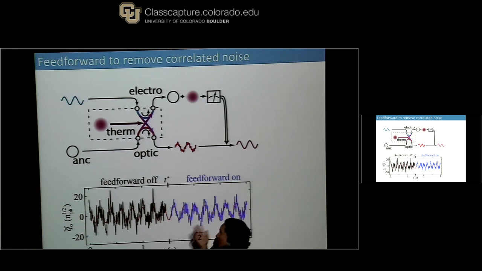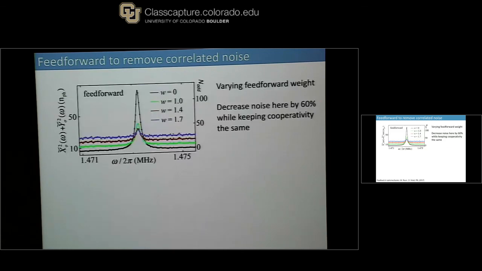So what I can do, in this classical limit, is show that if I don't have this feed forward, I have a certain noise in my signal, but I can subtract off some of the noise if I use this feed forward process where I measure that thermal noise in the electrical port. I can see this here, where I have different curves.